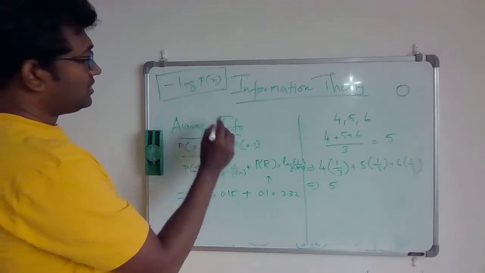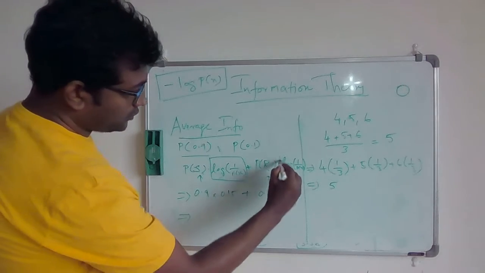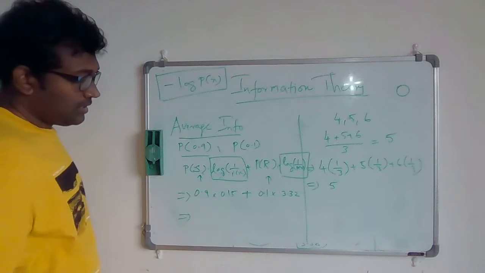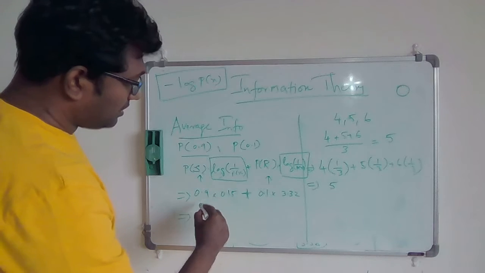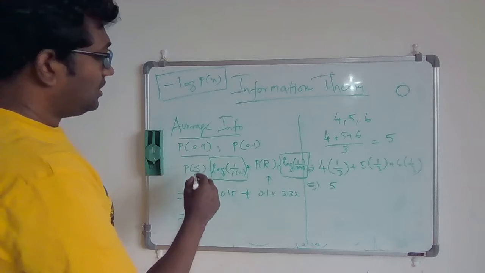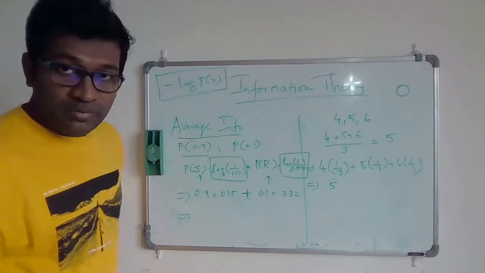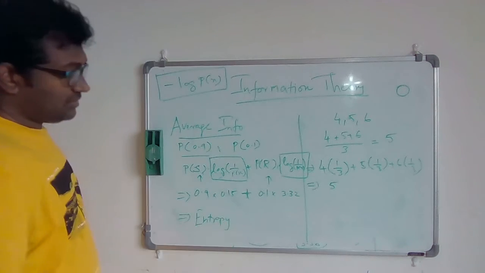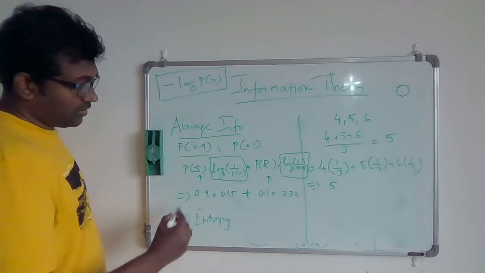The information is this portion of the equation, which is nothing but the inverse of your log probabilities, which we calculated. If you average all the information, you get what you call the average information, and this average information is what you call entropy. So entropy is nothing but your average information: add all the information and average it according to the probabilities.